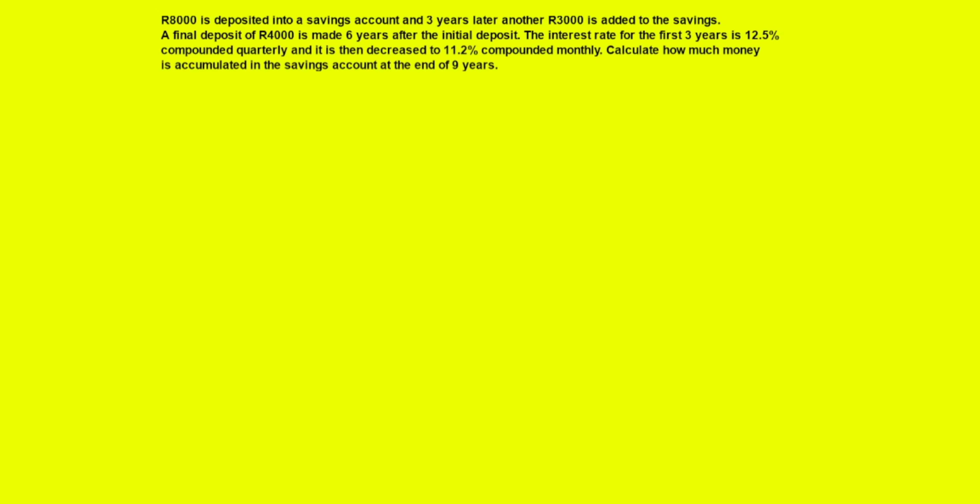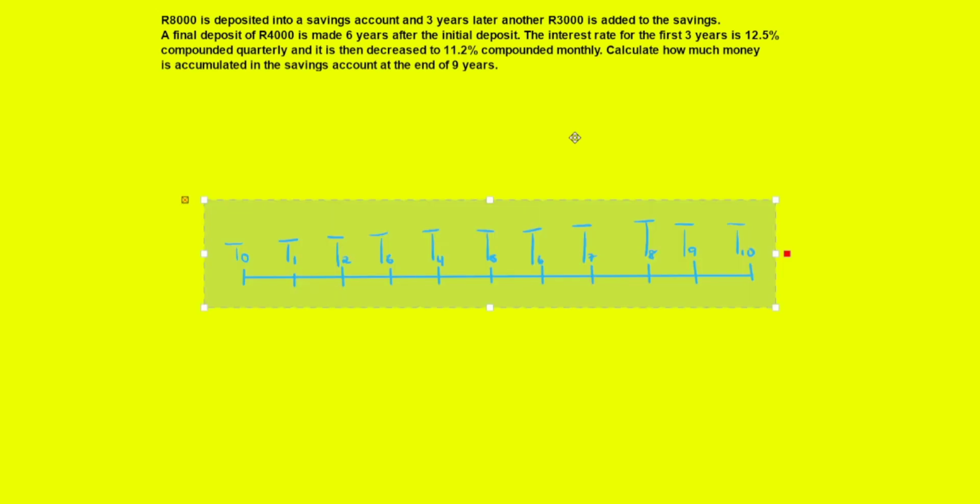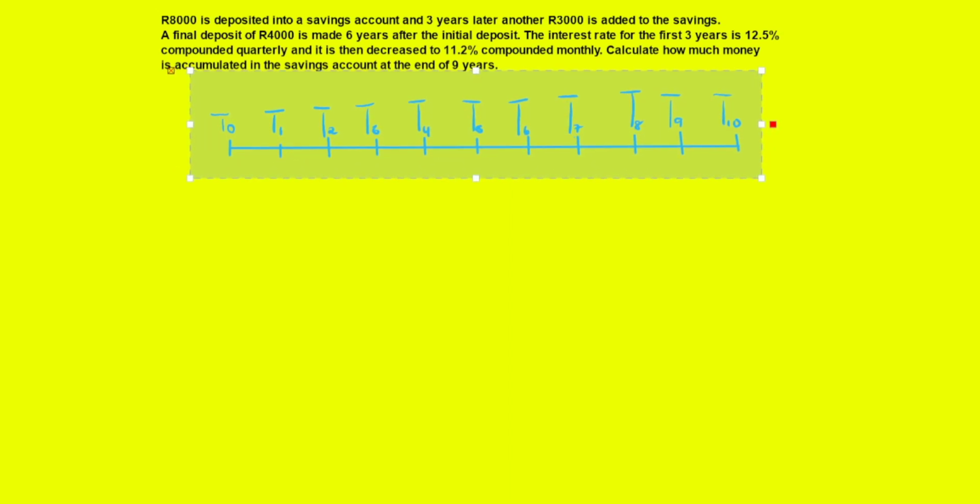Again, this is quite a complex question, so we need our timeline. Once the timeline is there, we need to identify our components. We need to start with the money component, our initial deposit of 8,000, followed by 3,000, which was added 3 years later, followed by 4,000, which was added 6 years after the initial deposit.